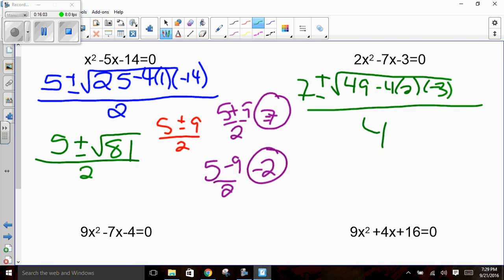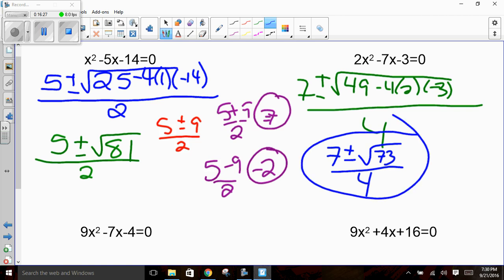Then I'm going to take that 24, hit plus 49, and I get the square root of 73. So I have 7 plus or minus the square root of 73 over 4. So 73 doesn't break down into anything. So that's my answer.